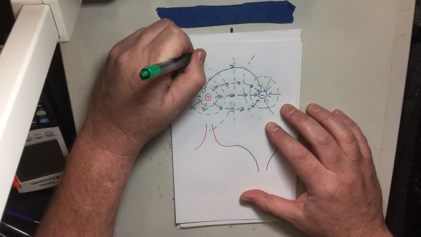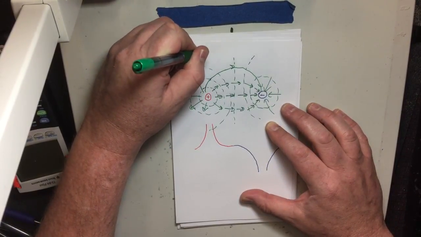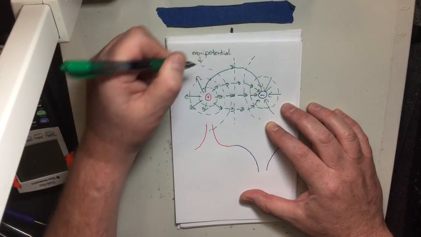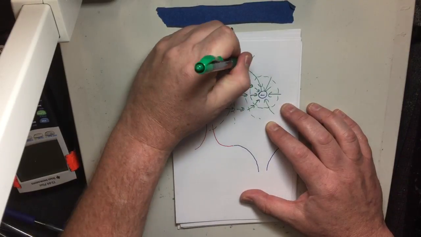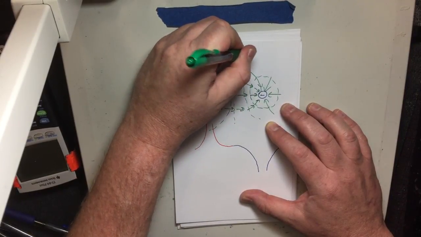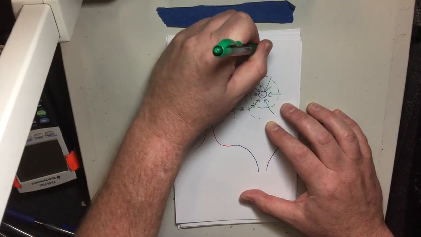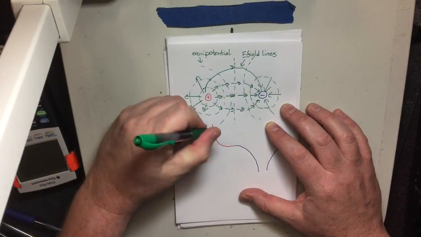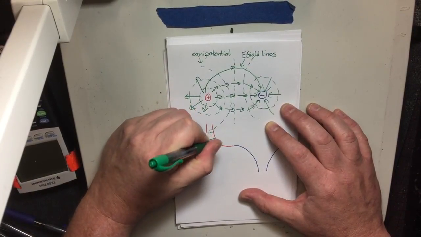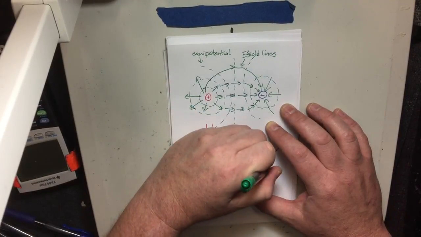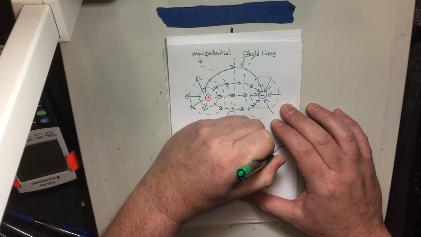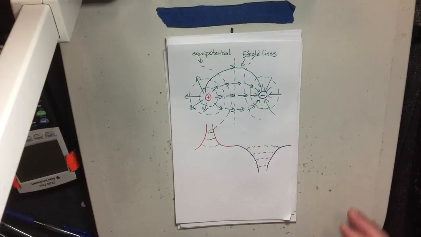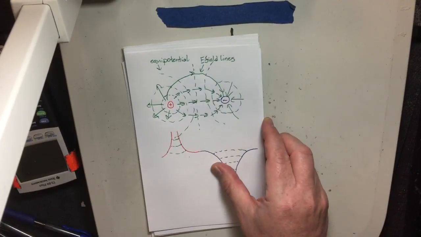So these are the equipotential lines, and they all have the same potential, whereas these are the E field lines, and they show slope. If you had a topographic map, it would just be like this, if you're looking at it from the side. And that's if you have two charges.